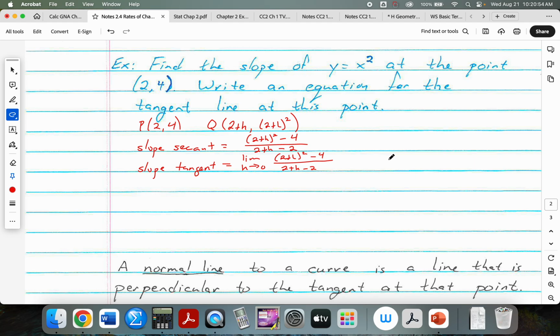If we try to evaluate this limit by direct substitution, we find that it's 0 over 0. That's always going to happen on this. So we've got to algebraically manipulate this so that it's not. So that's going to be the limit as h goes to 0 of squaring the 2 plus h, we have 4 plus 4h plus h squared minus 4 all over h.